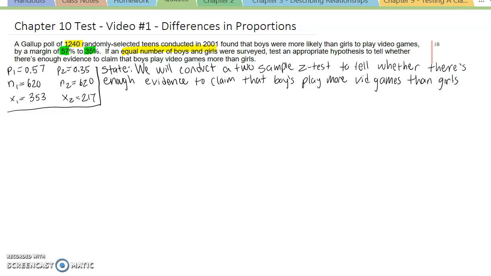Okay, so what we're trying to do is conduct a two-sample z-test to tell whether there's enough evidence to claim that boys play more video games than girls.